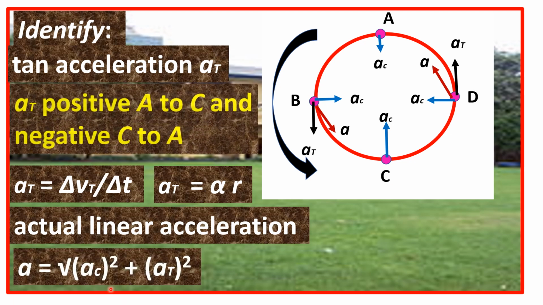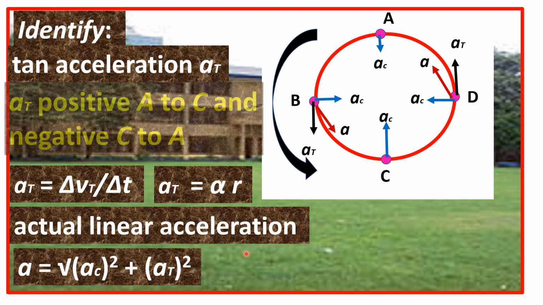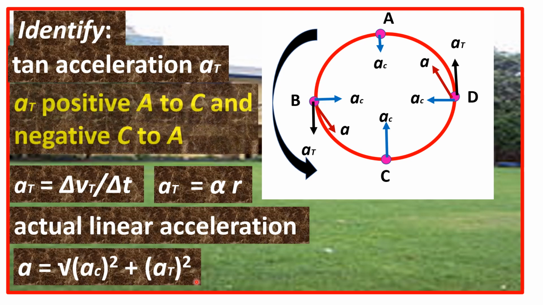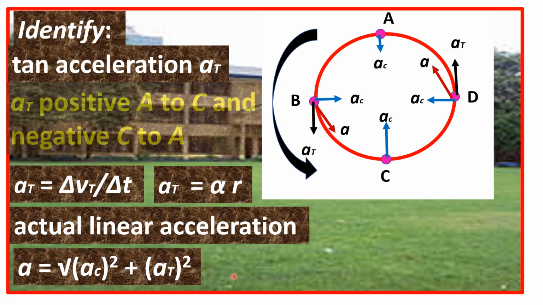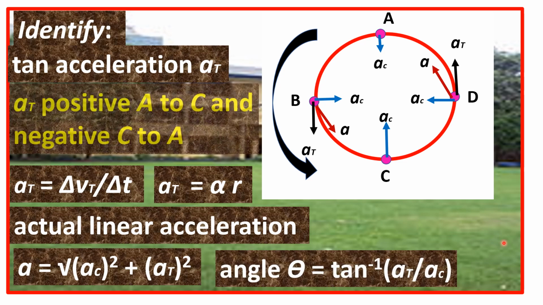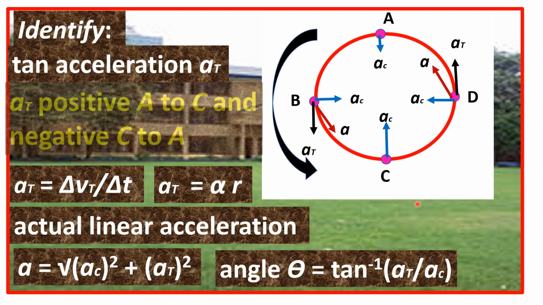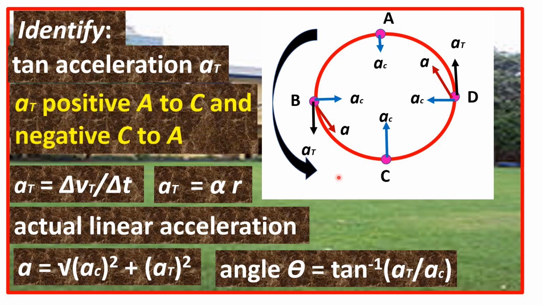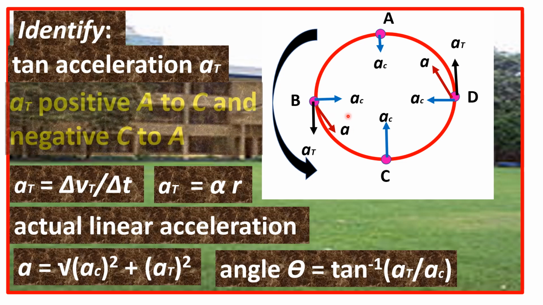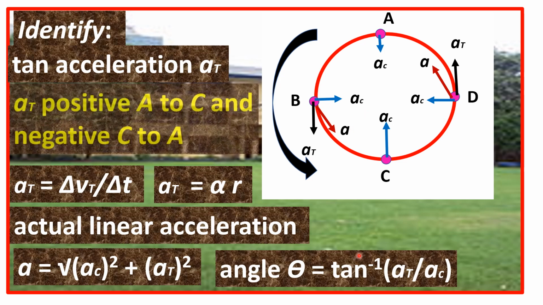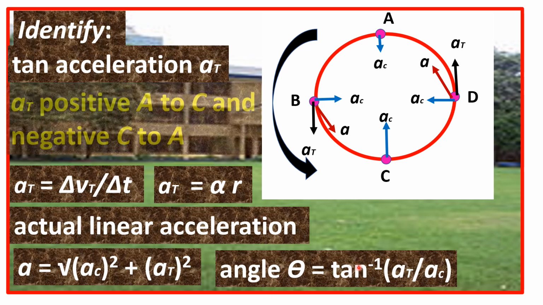So we just get the square root of the square of a sub c plus the square of a sub t. And to describe the direction of this actual acceleration, we can just calculate the angle theta that the actual acceleration forms with the east direction using the formula arctangent of the ratio a sub t over a sub c.